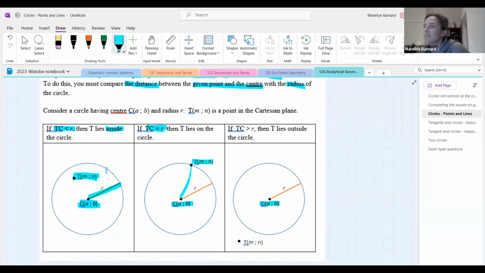Okay, and then lastly, we could have a situation where T lies outside of the circle. So that point that I'm looking at, here is the center. And again, if I calculate that distance between T and C, and I find that that distance is actually bigger than the radius, so if TC is greater than the radius, then that point lies outside the circle.